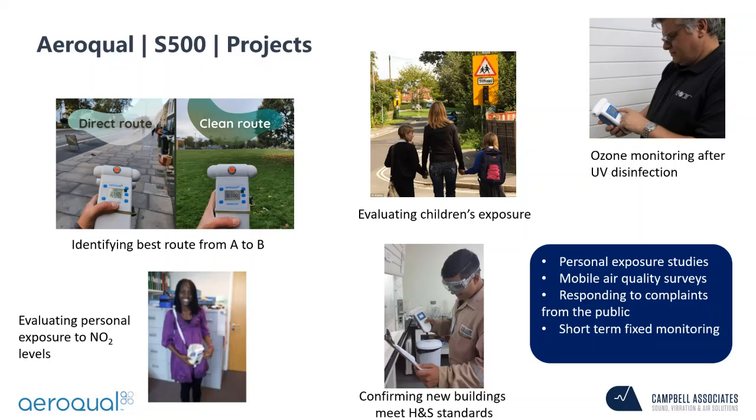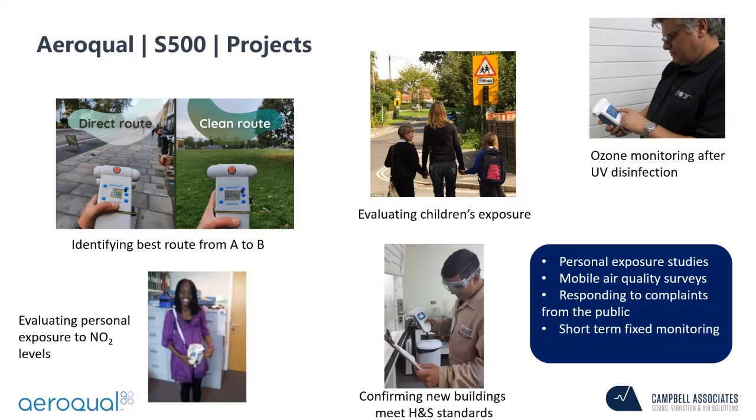As we know, children are more likely to get ill when exposed to high levels of air pollution. So you can use this monitor to evaluate if the place where they are playing, for example, is safe for them, or if the route they are taking to walk from home to school is safe, or which route would be the best one to take.